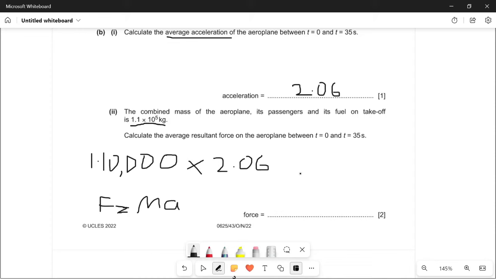But we can round it to 230,000 because we can round it to two significant figures. That's going to be our answer, and the unit for force is going to be newtons.